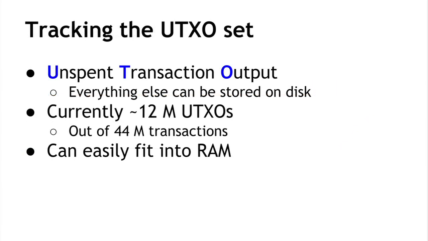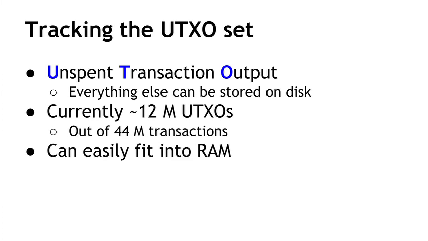Fully validating nodes maintain the entire set of unspent transaction outputs. So every coin that's available to be spent, and remember, those are just unspent output transactions, ideally you'd like to store this in RAM so that when you hear a new proposed transaction on the network, you can quickly check the transaction that it's attempting to claim, run the script, and see if the signature is valid.